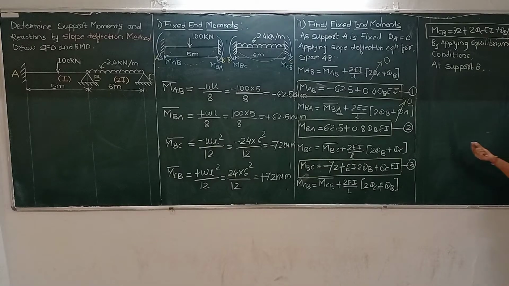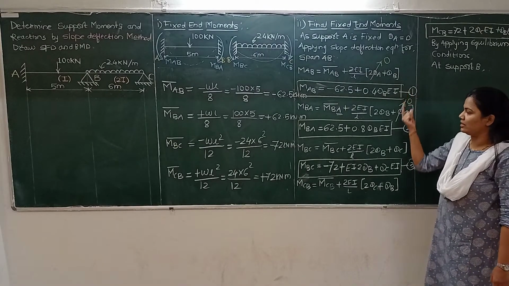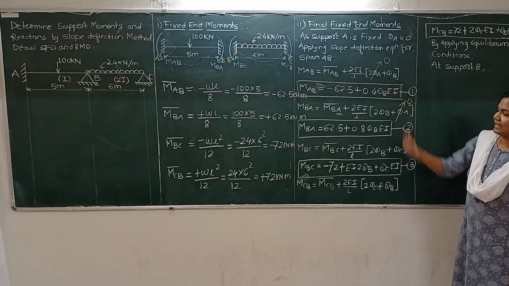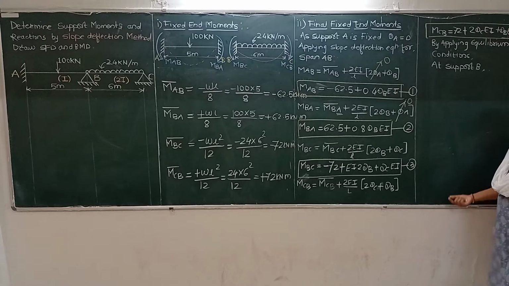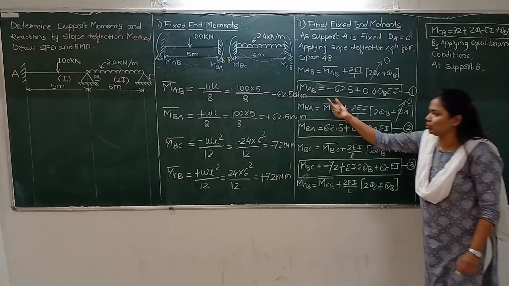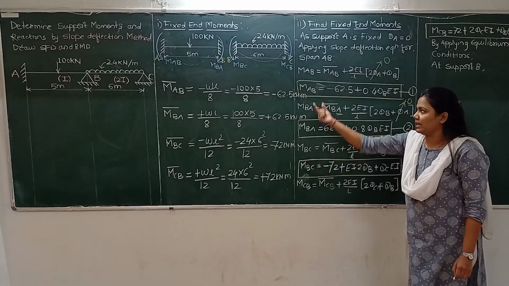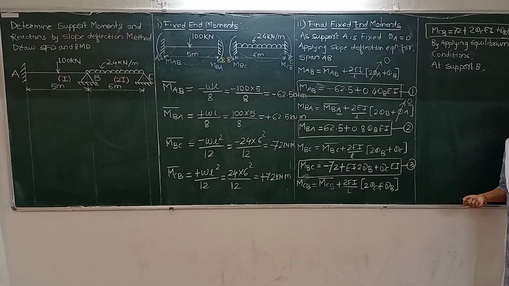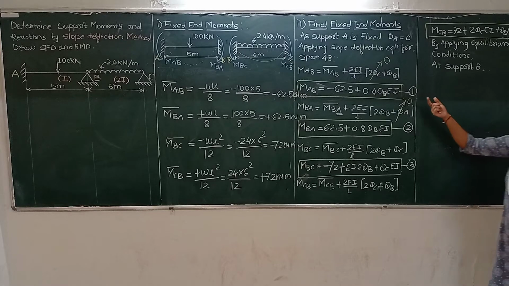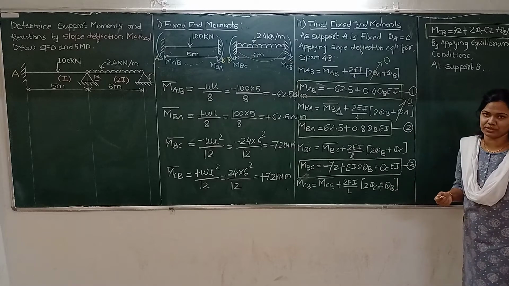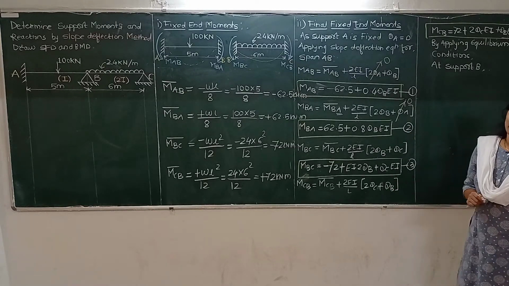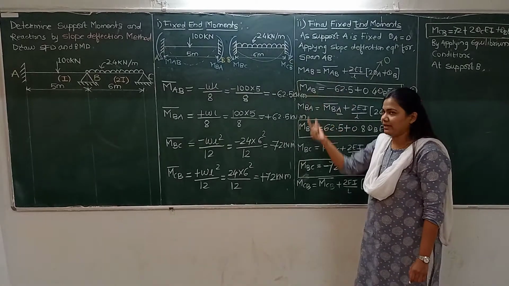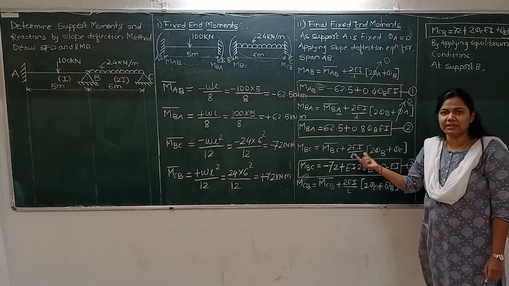Now if you see these equations, there are 2 unknowns, theta B and theta C, and the unknowns also include the final end moments MAB, MBA, MBC and MCB. So if you try to solve these equations, we cannot get the unknowns from these equations alone. So we have to use additional equilibrium equations to find these unknowns, the final end moments and also the slopes theta B and theta C.